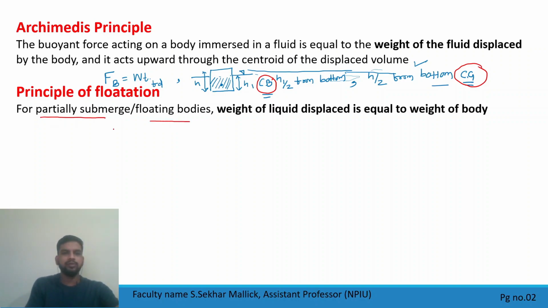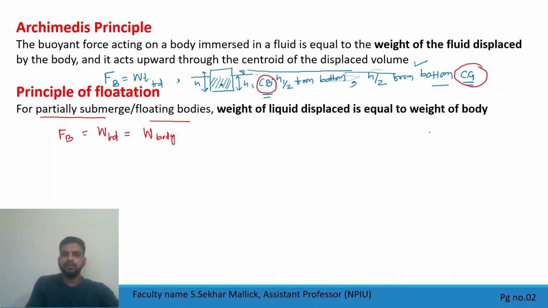It will not be applicable to a submerged body. Please remember, this is not applicable to a submerged body. So weight of liquid displaced is equal to weight of body. And weight of fluid displaced is equal to what? Buoyant force. So buoyant force is equal to weight of body for a floating body.